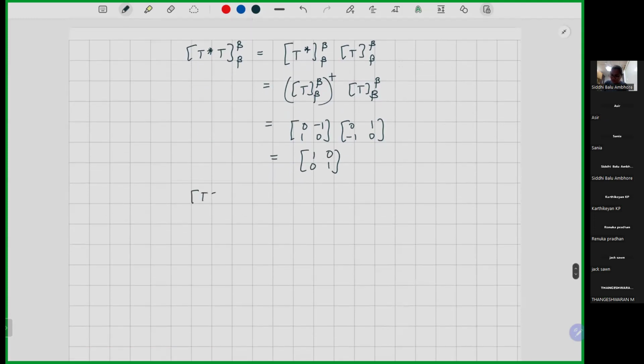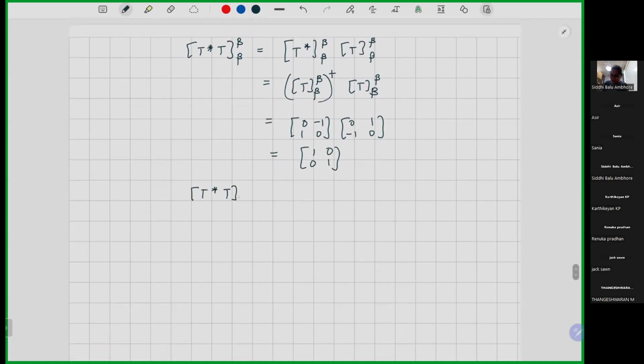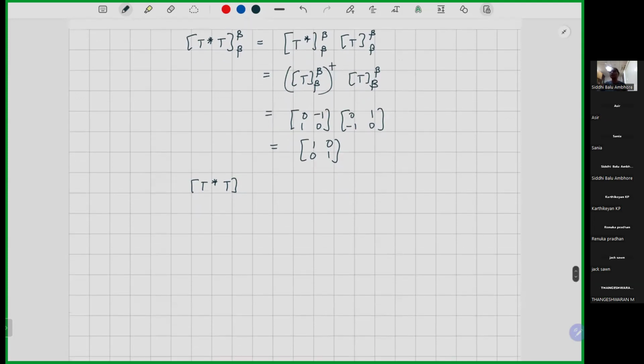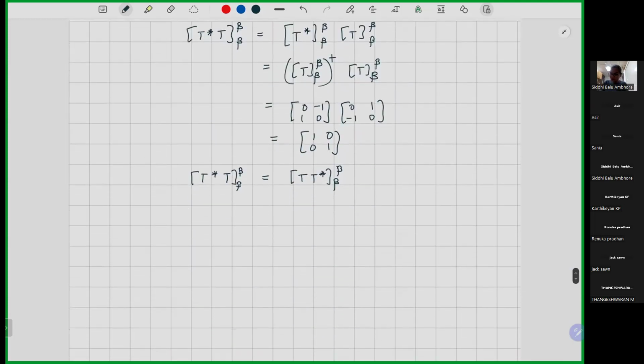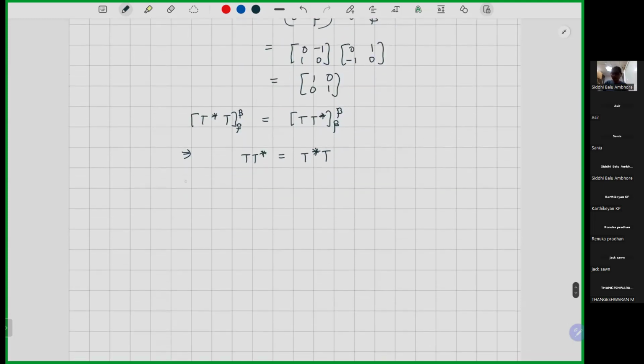So T star T and T T star have the same linear transformation matrix with respect to the same basis, on both sides, so they are equal.